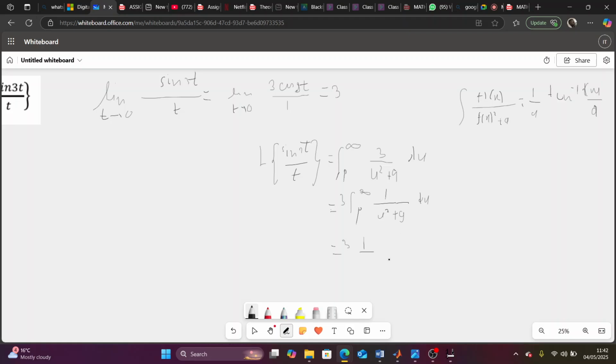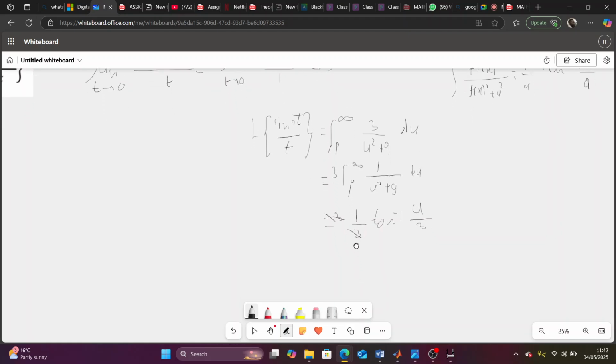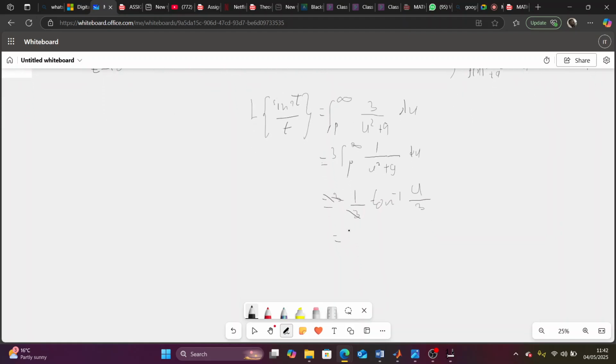What is a, Mr. Trinici? Remember this formula has a squared. A is 3, right? Yes. Multiply by the tan inverse. What is f of x? F of x is u. What is a? A is 3. So the 3 will cancel 3. Do you see it, Mr. Trinici? Yes. So we are only left with the tan inverse of u over 3.